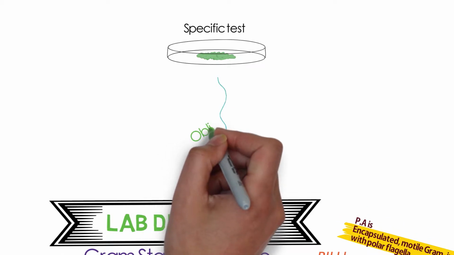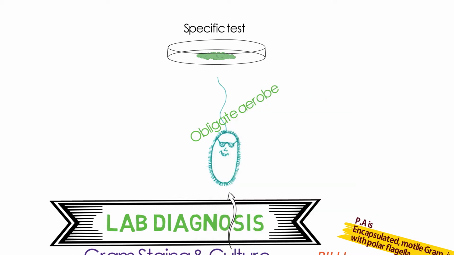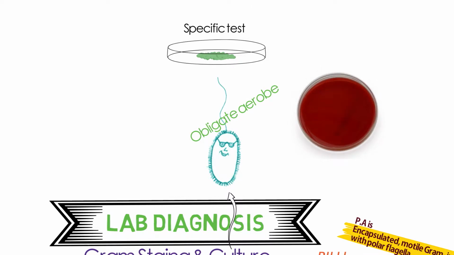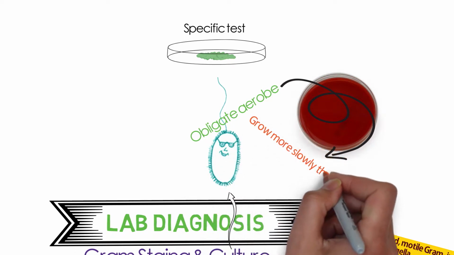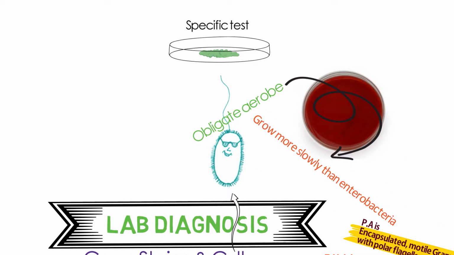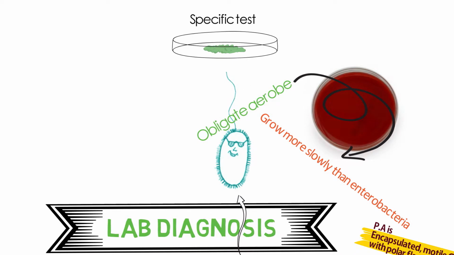Pseudomonas aeruginosa is an obligate aerobe, and it grows on many types of culture media. Usually the specimen is plated on blood or other differential media, which are commonly used to grow enteric gram-negative rods. Pseudomonas aeruginosa grows readily on these media, but it grows more slowly than other enterics.